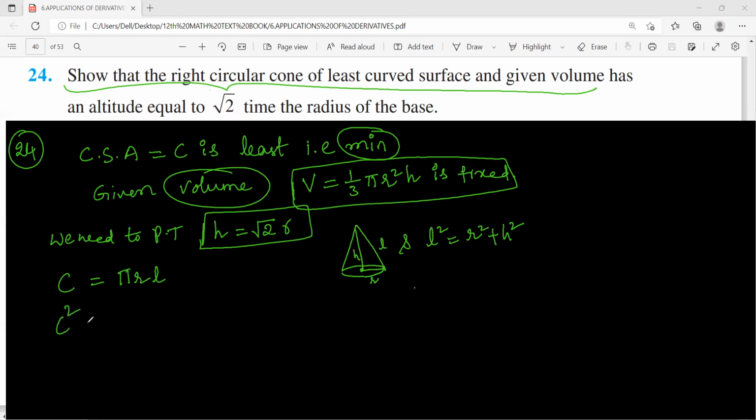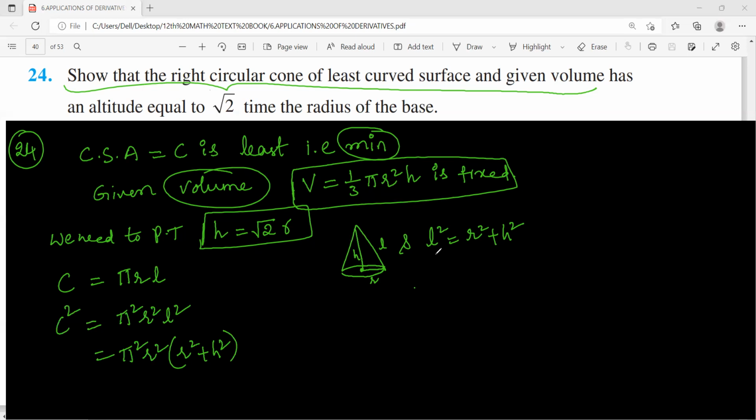So C square equals pi square r square l square. First we remove l square, because l is another variable, so we substitute r square plus h square. Now we need to find the relation between r and h, so we don't need l at all.